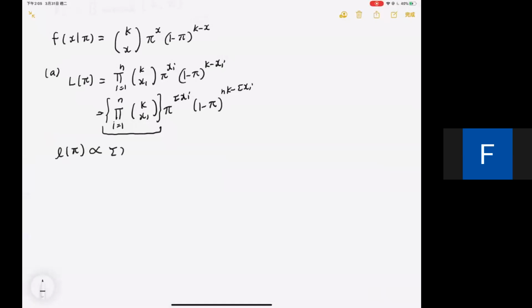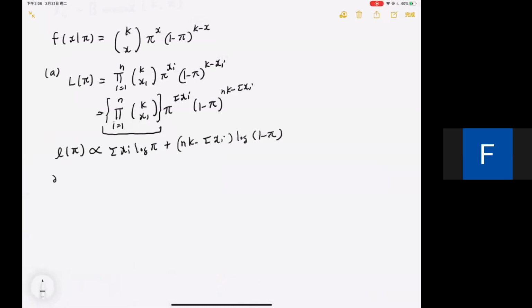I'll just write summation xi times log pi plus (nk minus summation xi) times log(1 minus pi).